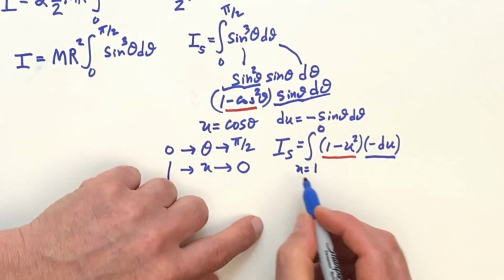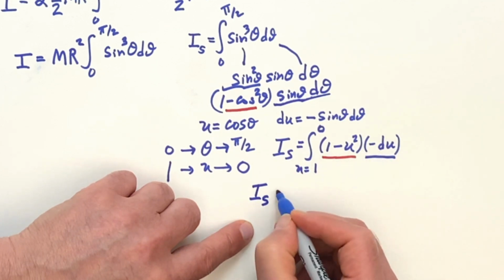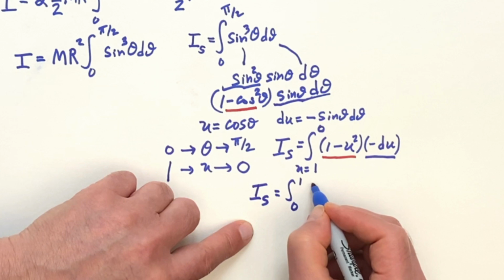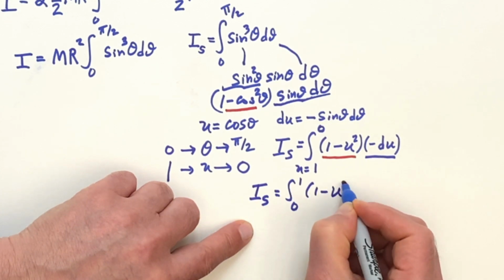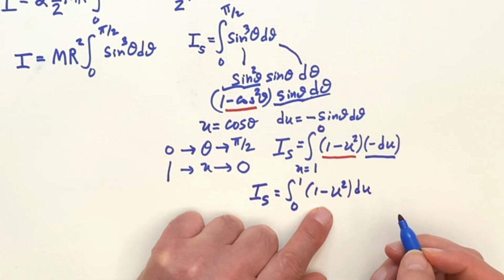Now we can switch the order of integration and get a minus sign, which will cancel that minus sign. So if we go from 0 to 1, then we have 1 minus u squared du. Now you can see that this is easy to do.